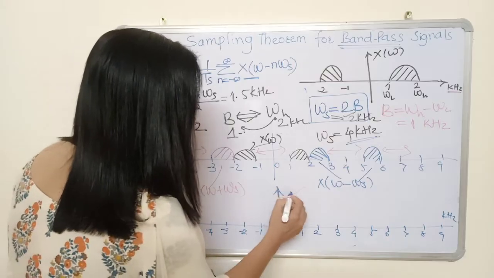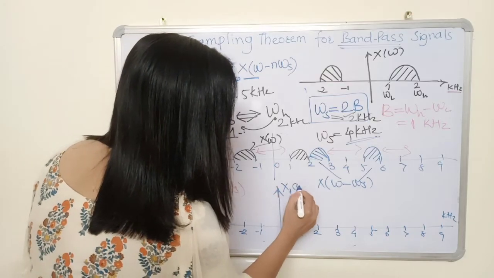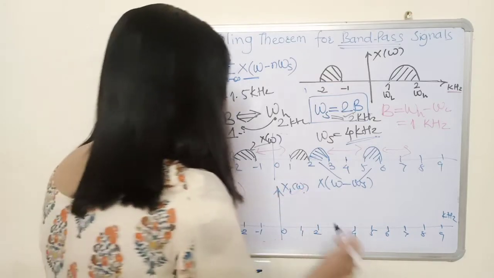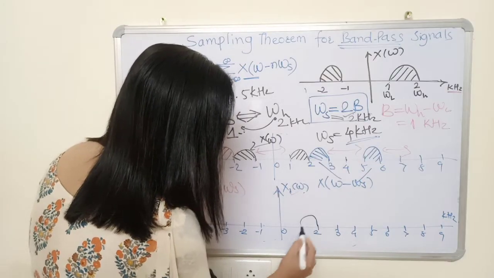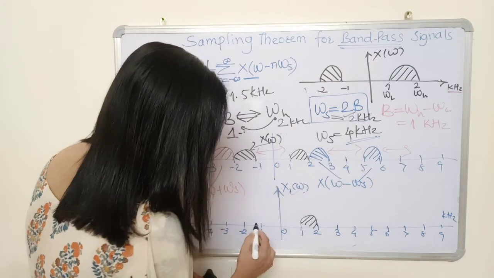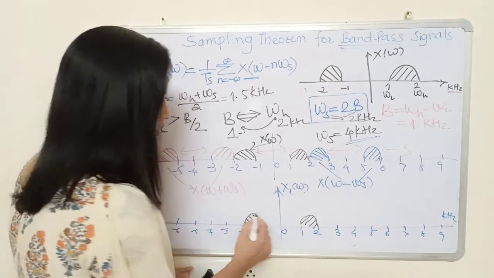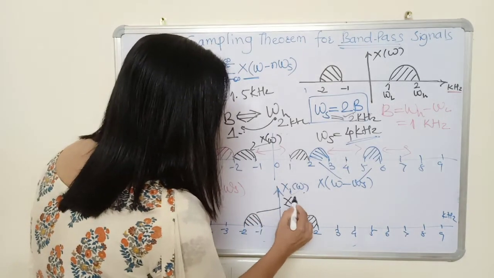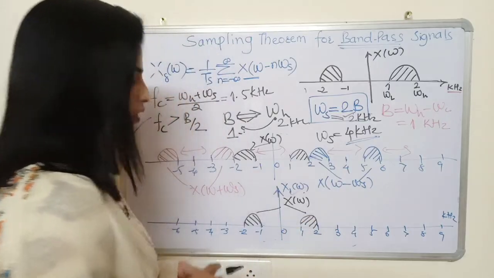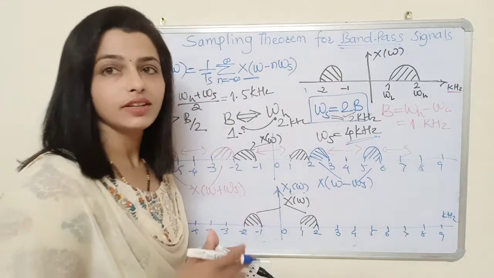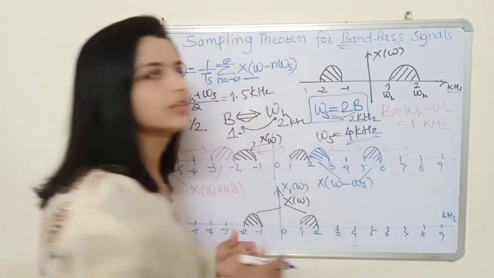So this is your sampled version. Let us draw the original one. So this is the original one. I'll name it x of omega. Now let us draw the shifted versions, or call them images.